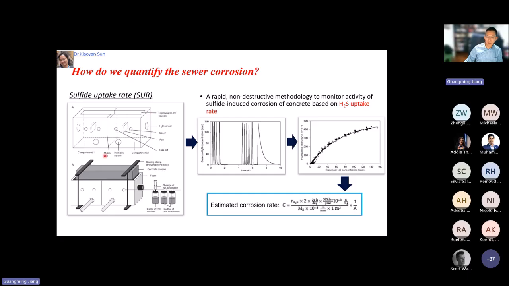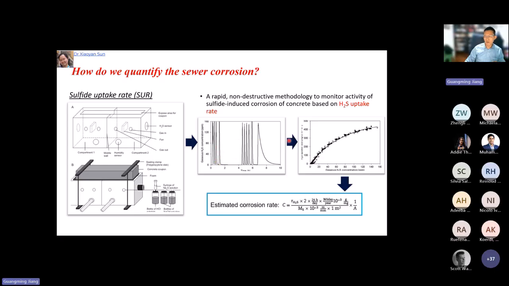Basically, the idea is that when we expose the concrete to H2S gas, it will take up H2S. The microorganisms will oxidize H2S, so what you will observe is this kind of decreasing profile of the H2S.